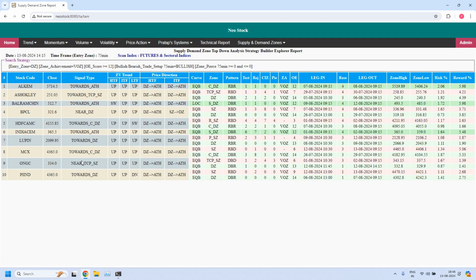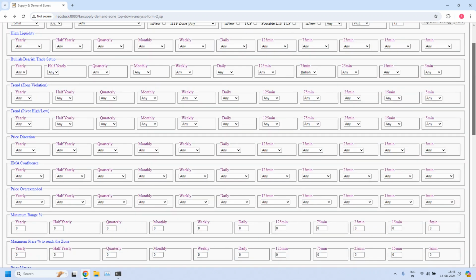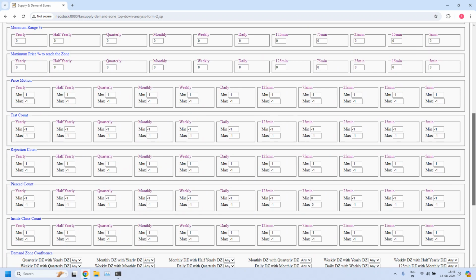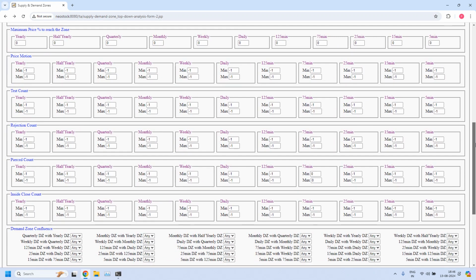Out of these 10, how many are having confluence with the ITF time frame? That means the 75 minutes demand zone should be having confluence with the daily demand zone, because the entry time frame is 75 minutes in the weekly income trade. So in demand zone confluence, I am looking for the entry time frame 75 minutes.